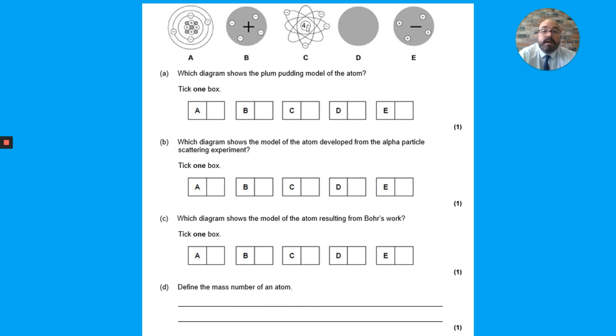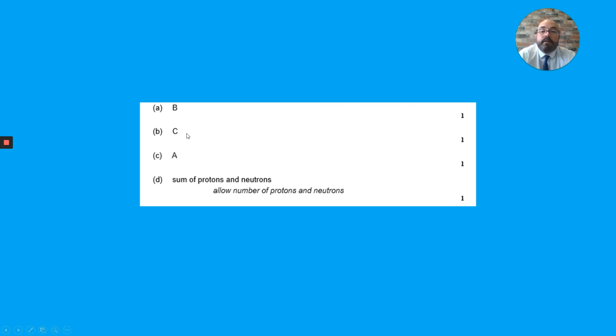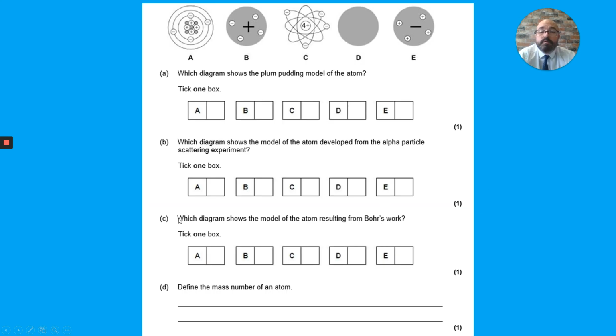That's all they knew at this time. Nobody knew about the neutron. They just knew a positive nucleus concentrated at the centre with electrons around the outside. So this suggests to me for answer B that the alpha particle experiment is C, and now we can see the correct answer. Which must mean, if this is showing Niels Bohr's work, it must be diagram A.